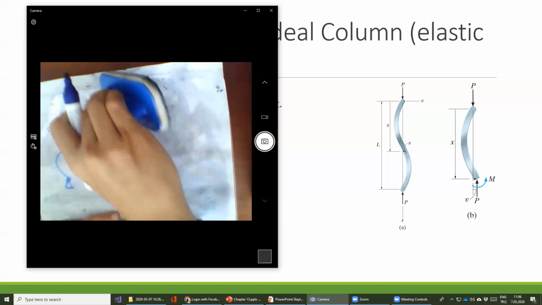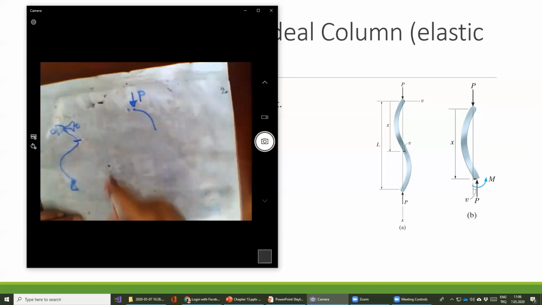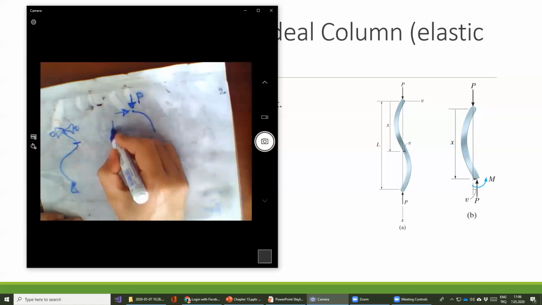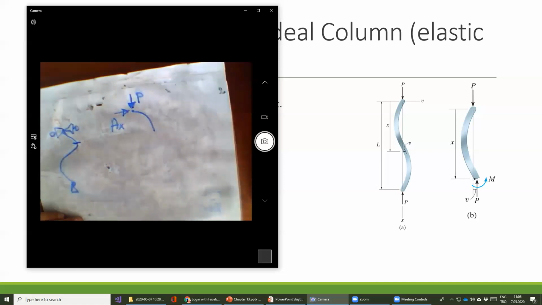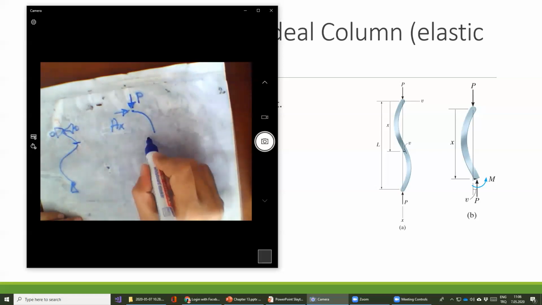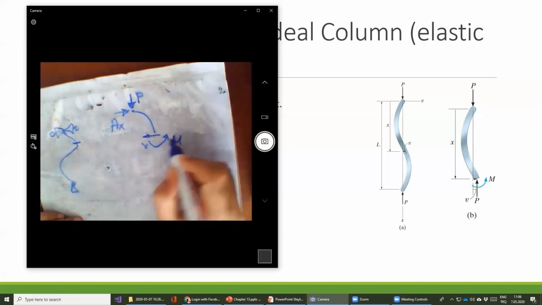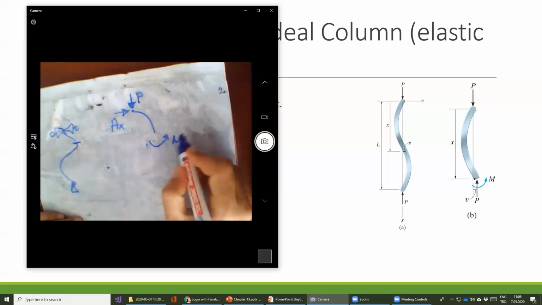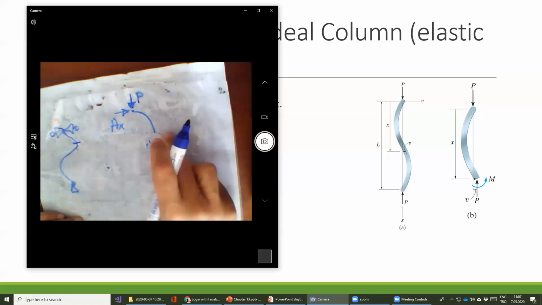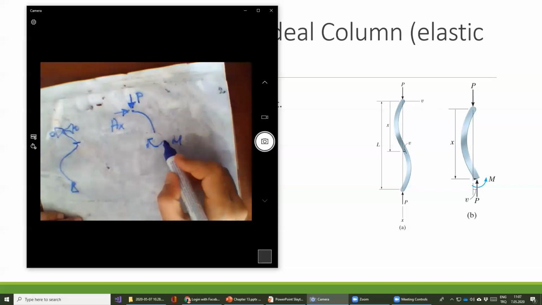I'm sorry, we don't have an AX, because I can also prove that AX is equal to 0, which is also helpful for us. Also here we take a cross section, and we have a shear force V and a moment. I don't need to consider the shear force. I want to write the moment, and the moment direction should not be like this, it should be like this.